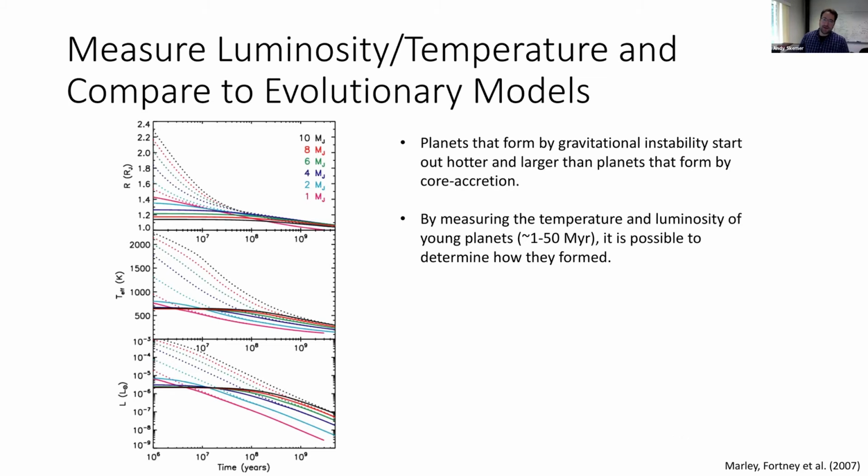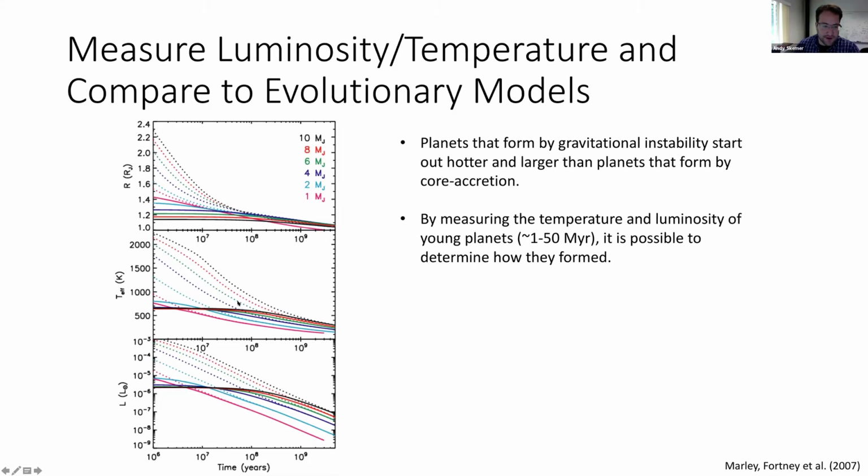Okay, so the first thing that you can learn right when you find a new planet is you can just look at how hot it is, how luminous it is, and that tells you something about how planets form and evolve. So if you look at these plots, I've got age on the x-axis, and then either luminosity or temperature or radius on the y-axis. And there's two edge case models for planet formation. If you form by gravitational instability, you likely form pretty hot, and then you cool off over time.